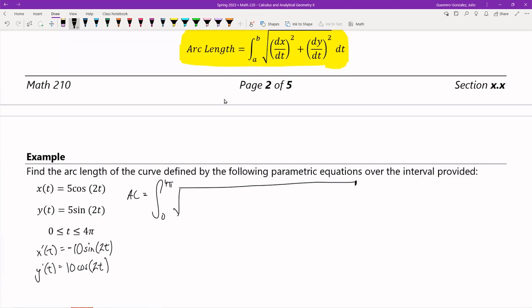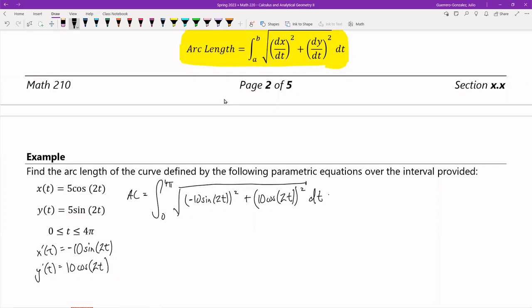So this is negative 10 sine of 2t squared plus 10 cosine of 2t quantity squared. I didn't end up needing that much space. So dt.